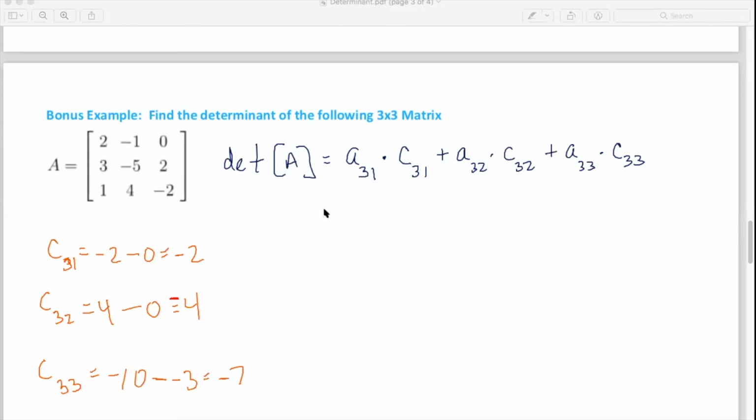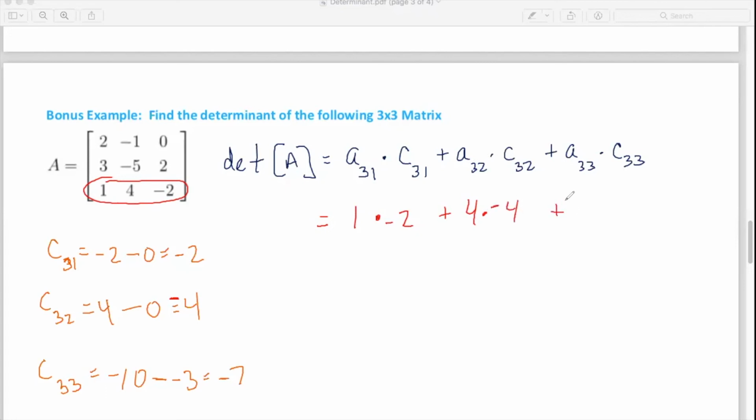Now we have everything we need to finish this off. We merely have to do substitutions, and then we'll have our determinant of matrix A, okay? The first element of row 3 is 1. So we've got 1 times its cofactor, which is -2, plus the next element here in row 3, column 2, is 4. So we've got 4 times its cofactor, which was -4.